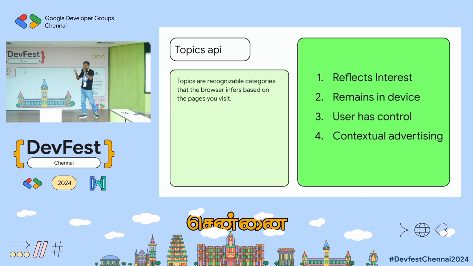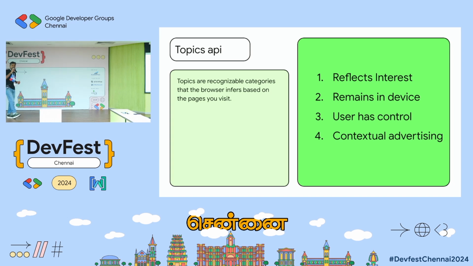Let's say you are visiting so many websites related to sports, the browser internally saves sports as your interest. This way, the browser maintains your interest, and it is not shared with anyone.